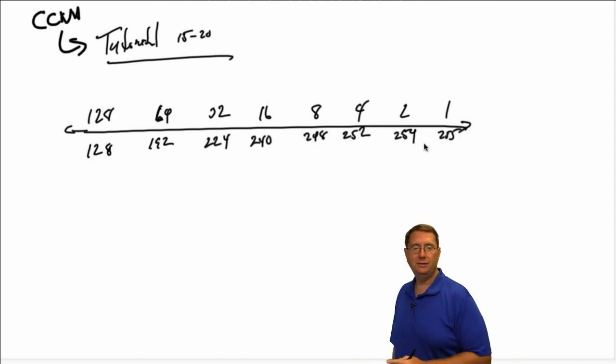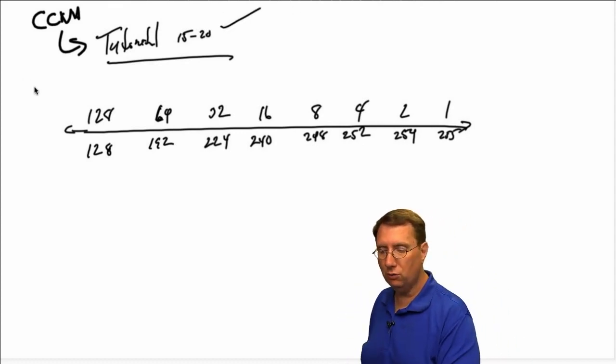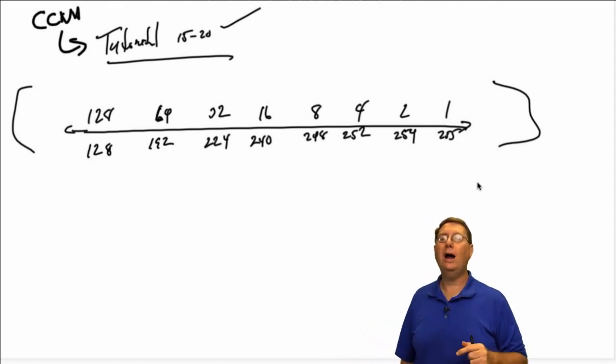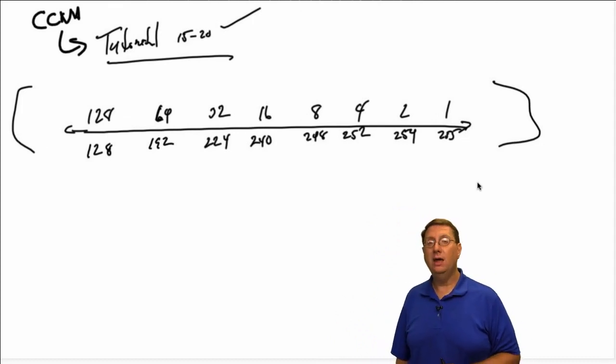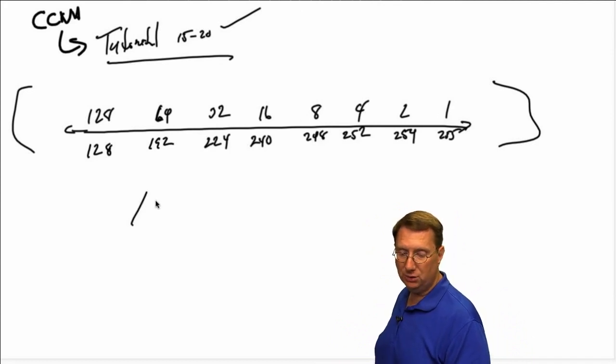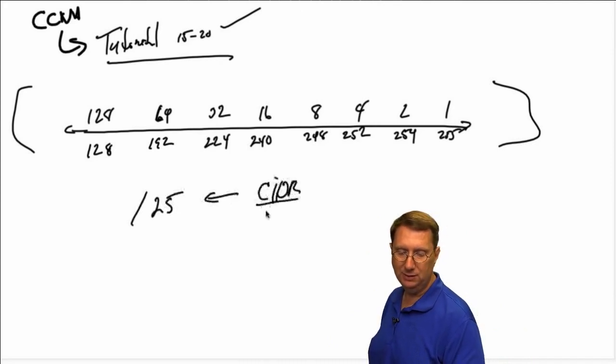Draw this number line out when you go into the testing center. Start your tutorial. During the tutorial, you can write stuff onto that pad, and this number line is going to save us quite a bit of time when it comes to doing math. It's going to help us with something called our slash notation, like a /25, something also referred to as CIDR, classless interdomain routing, CIDR.